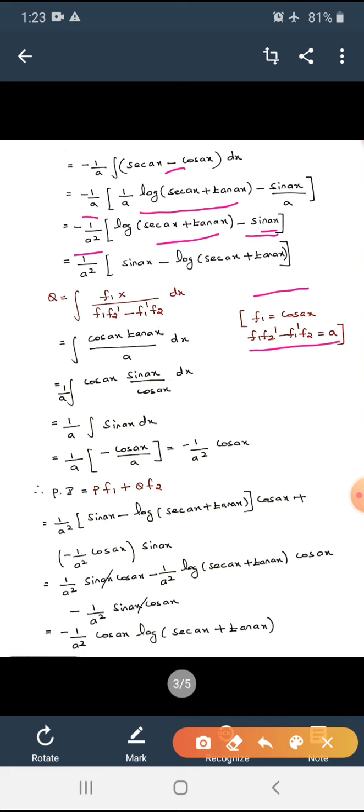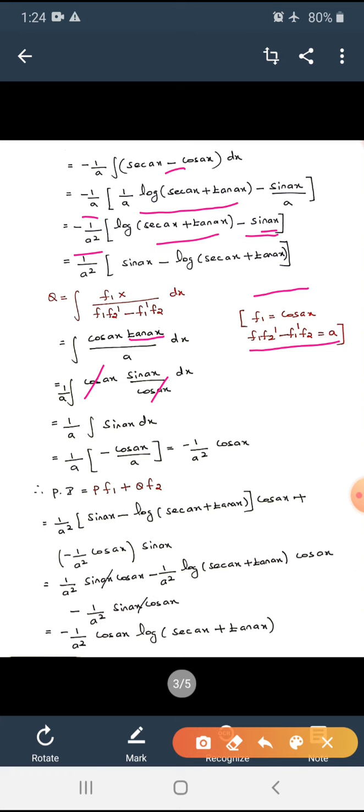Integral cos ax into tan ax, which can be written as sin ax by cos ax dx. That is equal to 1 by a integral, we can cancel this cos and cos, the remaining will be sin ax dx. That is equal to 1 by a. If you integrate sin ax, we get minus cos ax, and differentiate this ax term and write it in the denominator. So the differential of ax is a, so by a. That is equal to minus 1 by a square into cos ax. So this is the value of capital Q.